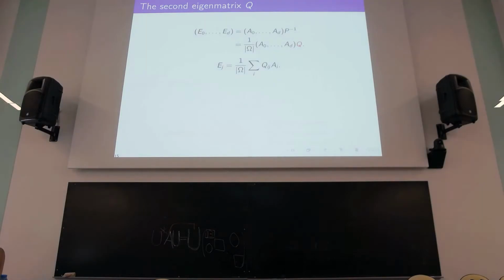But before doing that, let me first explain the second eigenmatrix, which is essentially the inverse of the matrix P, which is called the first eigenmatrix. Earlier I expressed the adjacency matrix in terms of primitive idempotents. So originally I had P here, but I can multiply by the inverse of P to get E here.